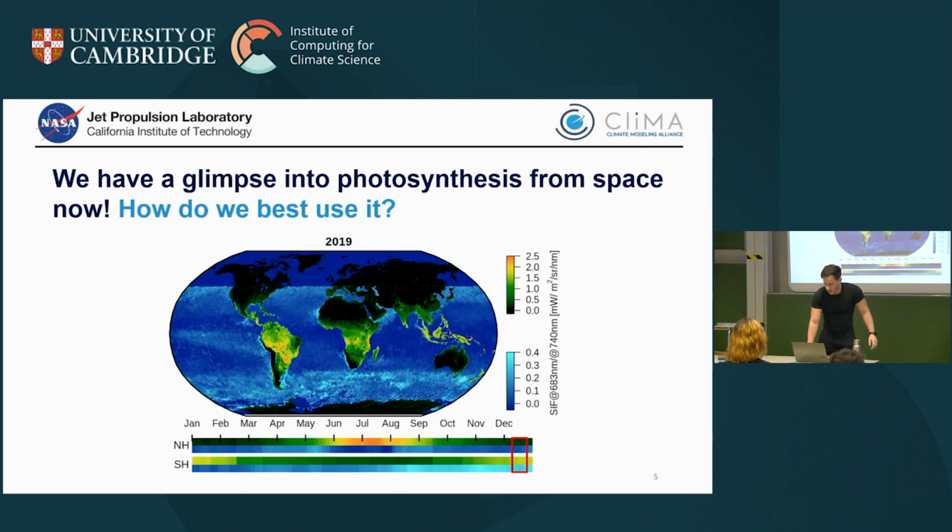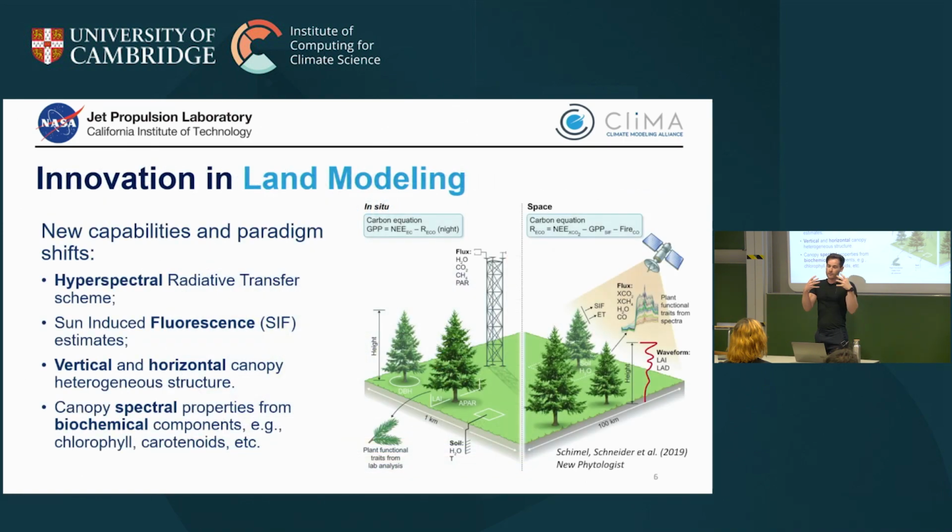Now, one of the innovations of the land model is that we can have these flux towers from the skies. Flux towers are towers installed in forests and vegetation around the world. We probably have like 300 of them. They measure fluxes of radiation, water, heat, and momentum from the surface to the atmosphere, but they are very localized.